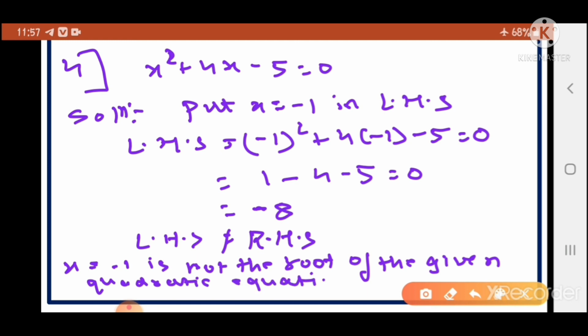I have a little space, so therefore if you can't understand, just concentrate on my statement which I am telling verbally, that this is a quadratic equation. So x is equal to -1 is not the root of the given quadratic equation. So I hope it is clear how to solve this kind of sums.